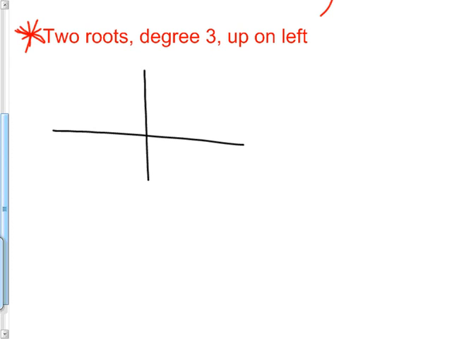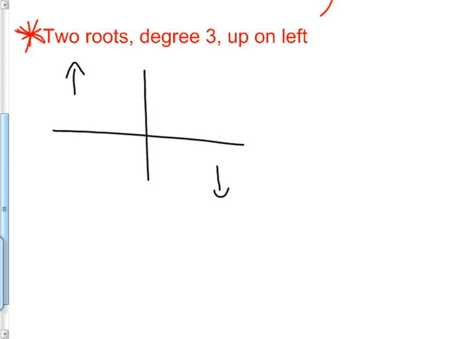I didn't say where the roots were, so you got a lot of latitude there. Up on the left means it's got to be going like that. If it's degree 3, what's it doing on the right? It's got to be going down over there. And in between, it's got to touch.